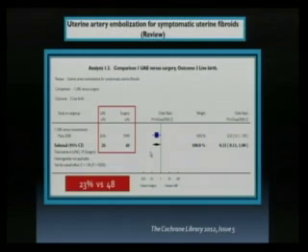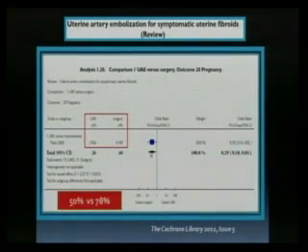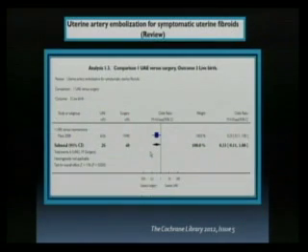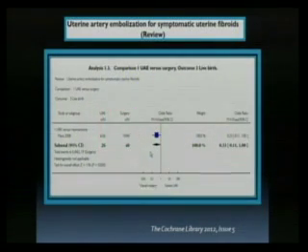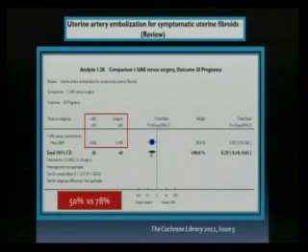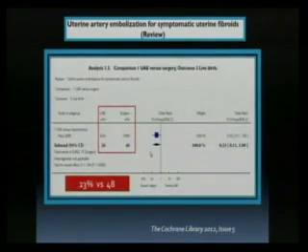Then we look at the raw data: 23% only in the embolization group and 48% in the surgical group. If you go back, 50% initially in the embolization group, and now live term is only 23%, as opposed to surgical intervention, 78%, and then the ability to carry to a live term birth is 48%.